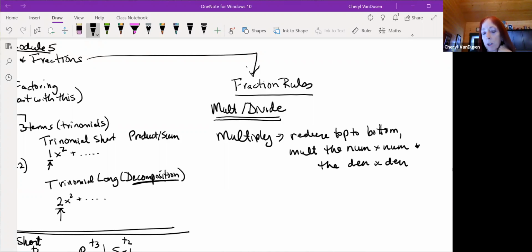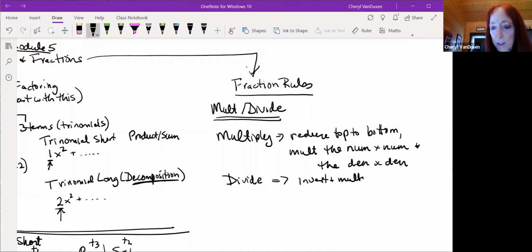Okay, and again, I'll break it out. We'll look at a question. And the only difference between multiplying and dividing is you have to invert the second fraction and then do your multiplication rules. So you invert and multiply. Some kids have told me when I've taught 10 Common, they've been told to kiss and flip.